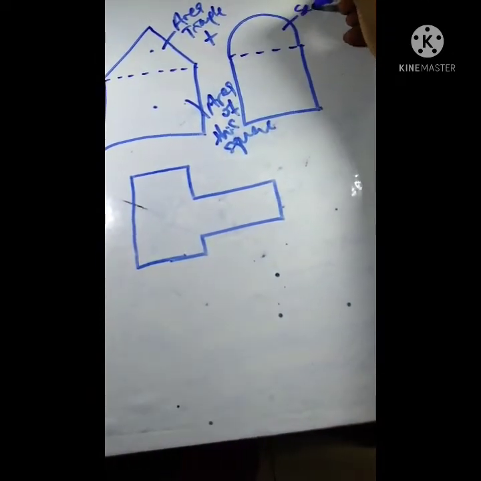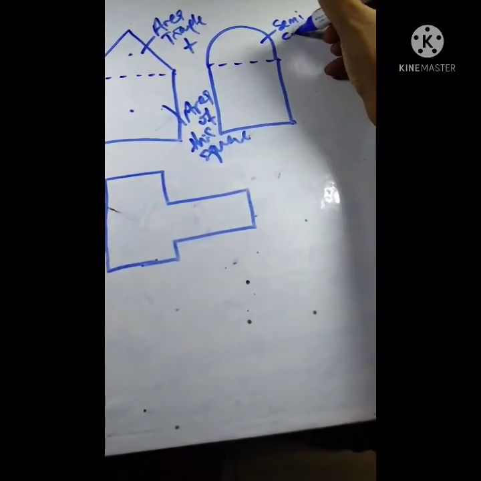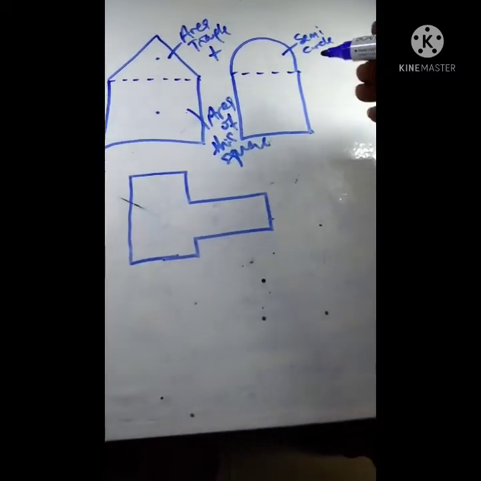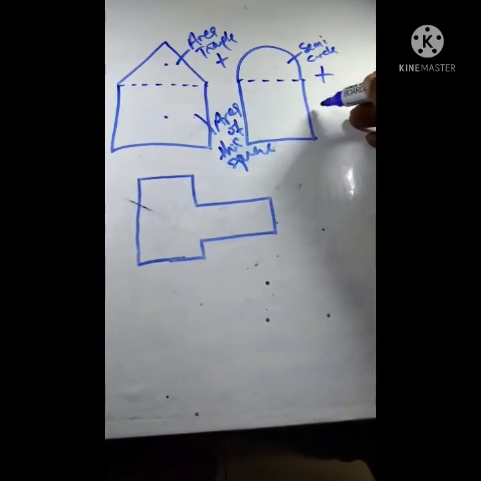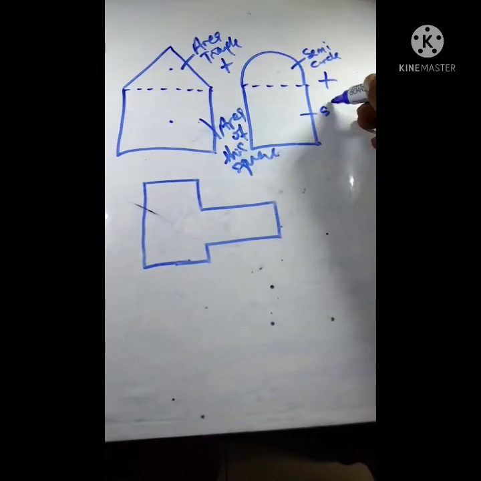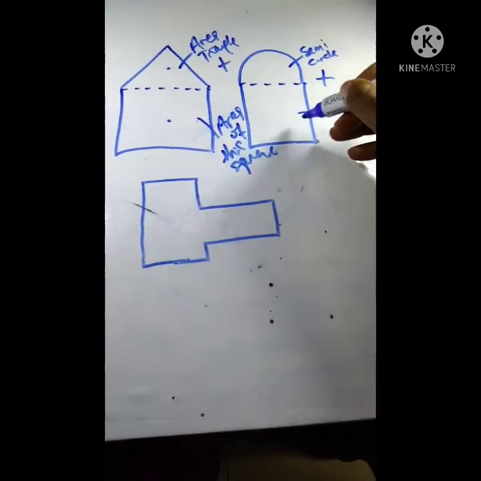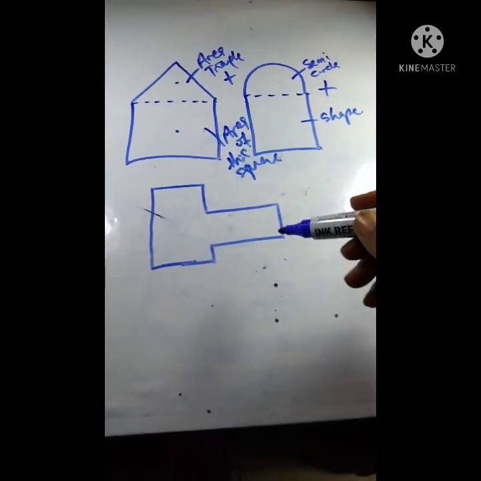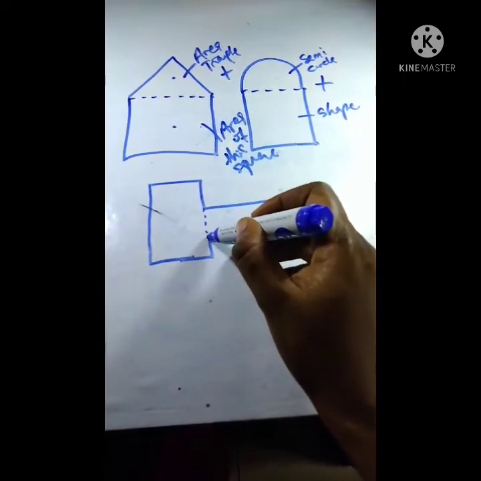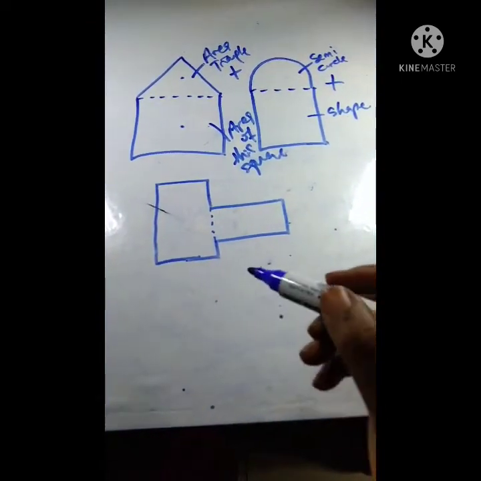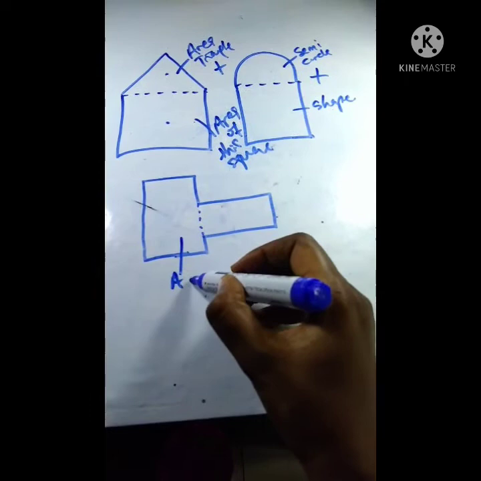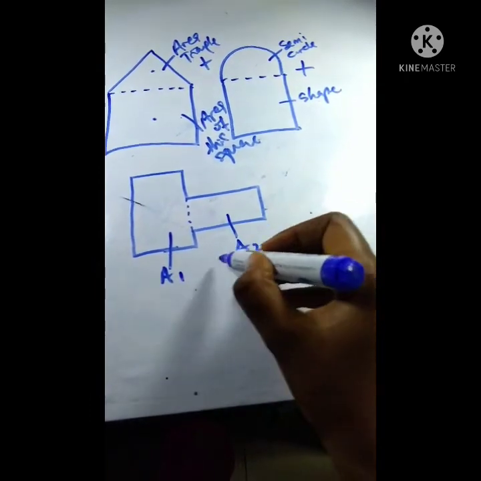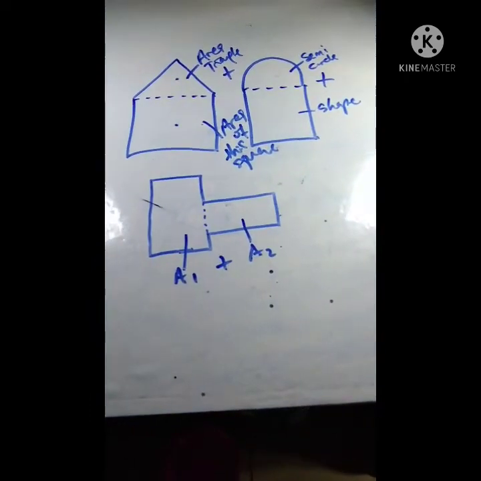This is a semicircle. So we'll find the area of the semicircle and add it to the area of this shape. It could be a square or a rectangle. For this, divide it into 2. We'll find this area, we'll find this area, and we'll add them. So we get the answers.